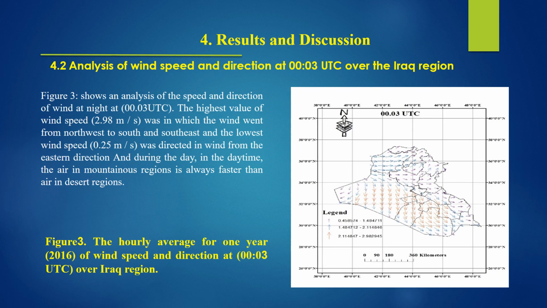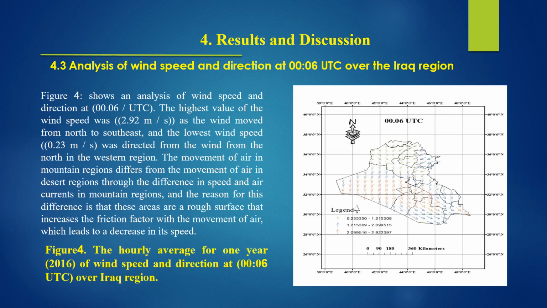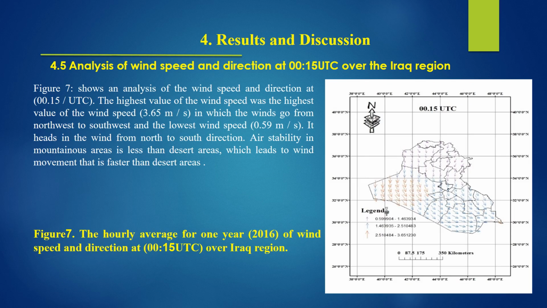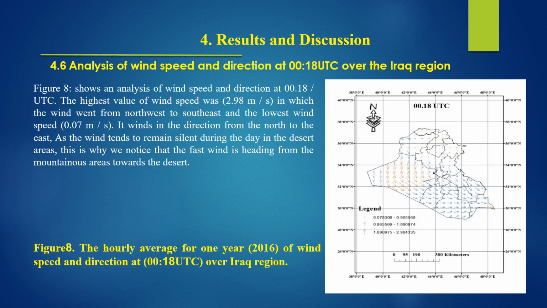And at 3 o'clock, the highest value of wind speed was 2.9, approximately 3 meters per second, from the north, and similarly at 6 o'clock, 9 o'clock, 12, 15, and 18 o'clock.